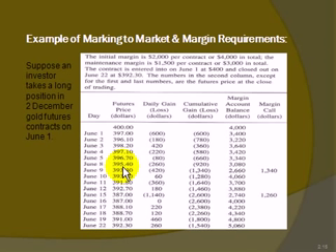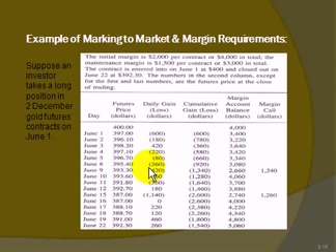Since the future price has fallen by 1.3, right? 1.3 times 200 is going to be 260, right?